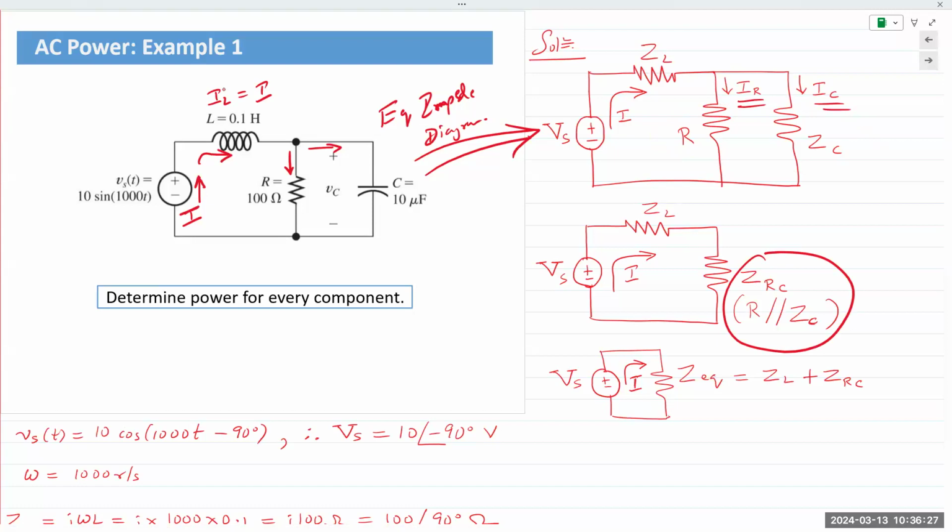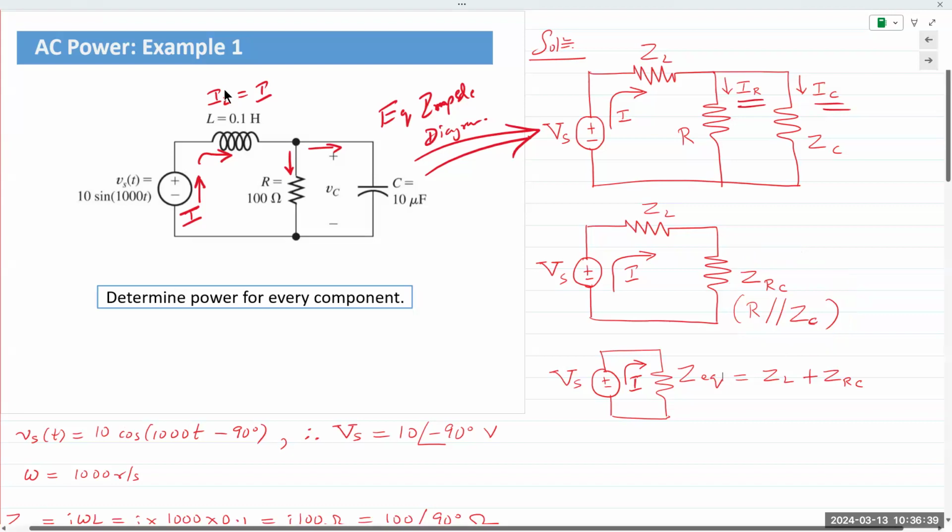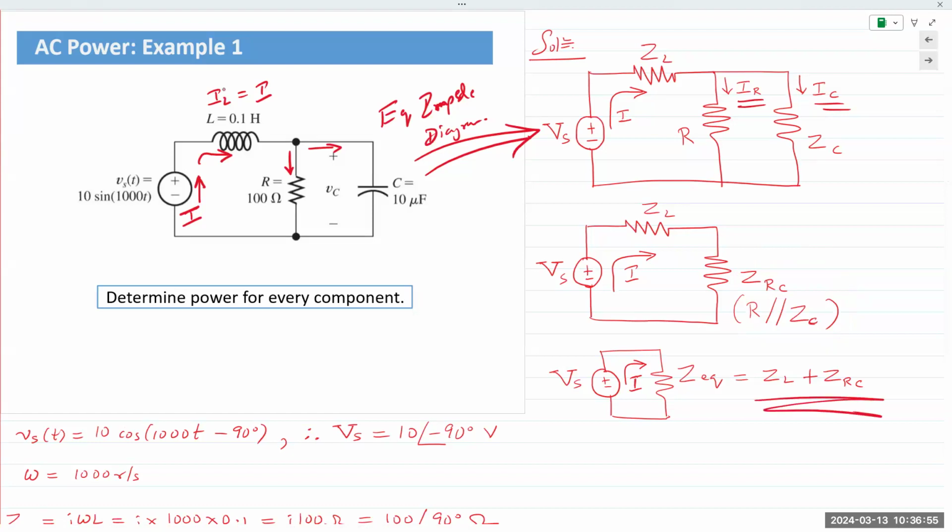So it'll be R times ZC divided by R plus ZC. That would give you ZRC. Then we have ZL in series with ZRC. So ZEQ, my total equivalent impedance as seen by the source, is the sum of ZL and ZRC.